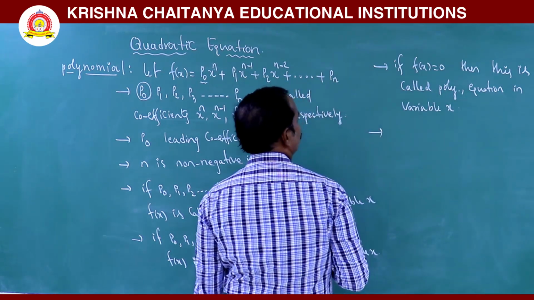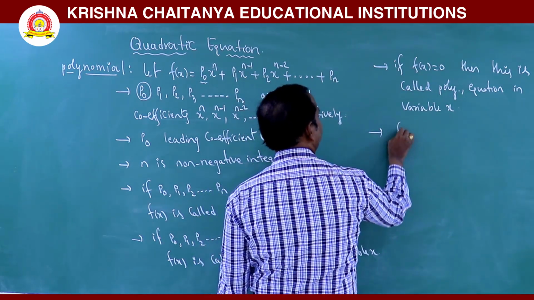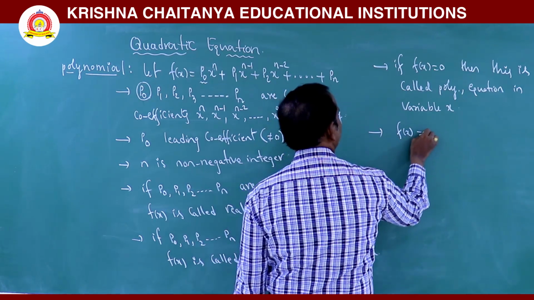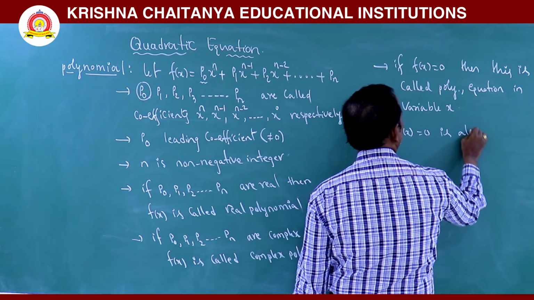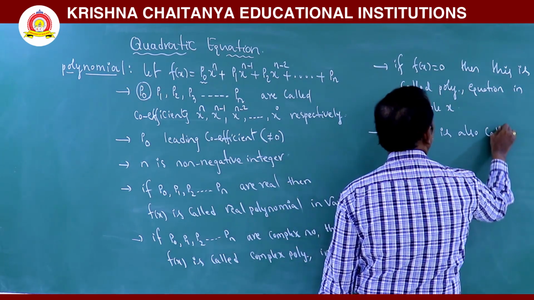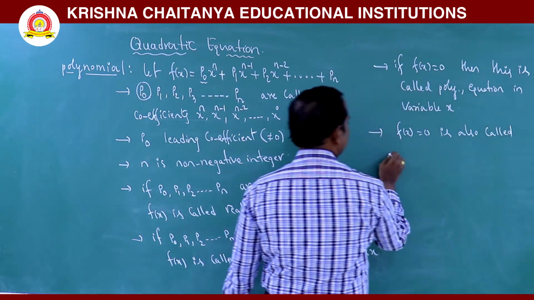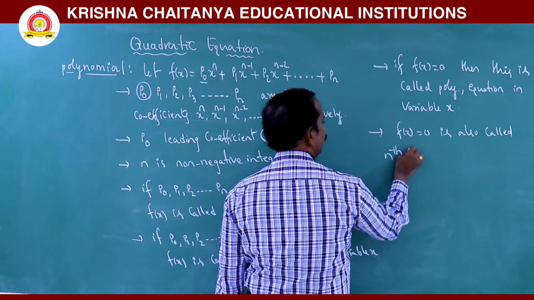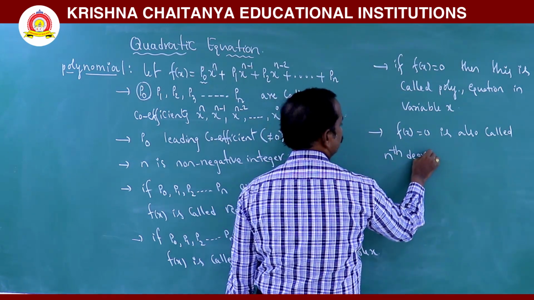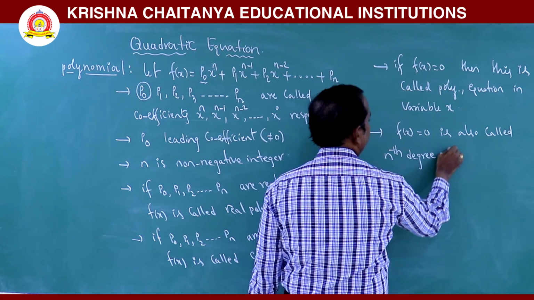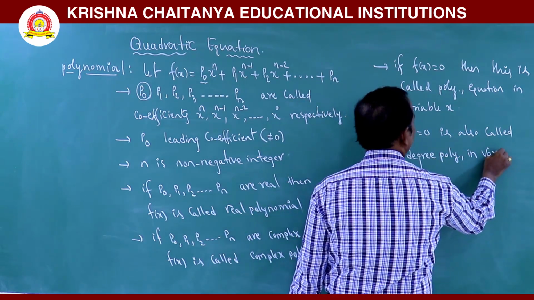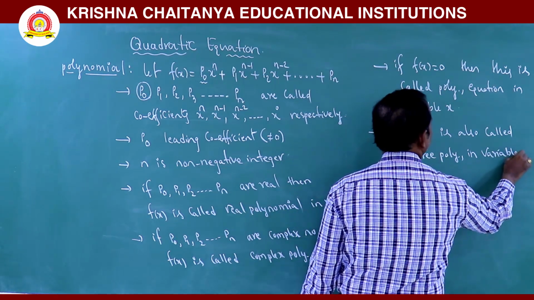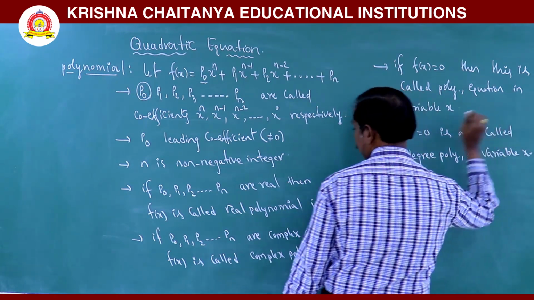And now here f of x is equal to 0 is also called an nth degree polynomial in variable x.